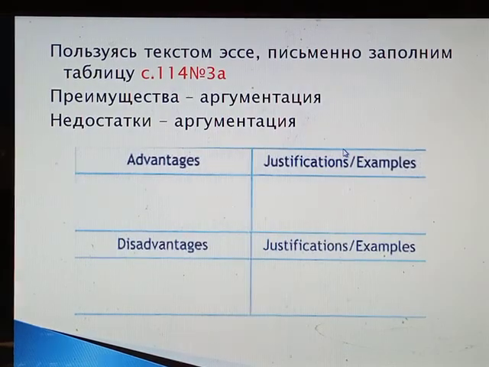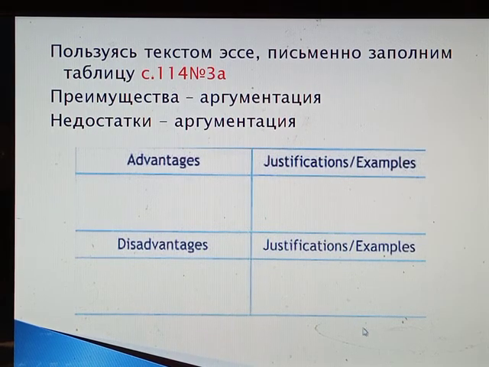So, you read the essay. Now, you are to complete the table. You are to find arguments concerning advantages, то, что касается преимуществ, and justifications to it, and disadvantages with the examples or justifications.